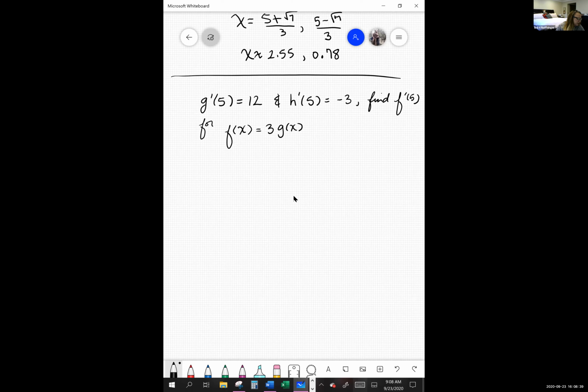Actually, you know what? I don't even know how to do this problem. 3 times g of x minus 2 times h of x.